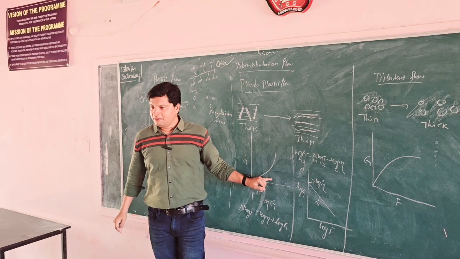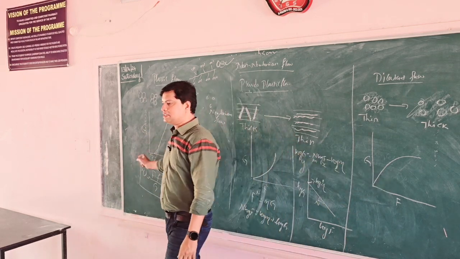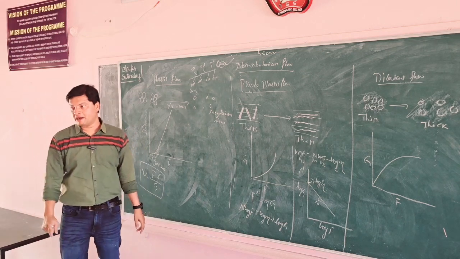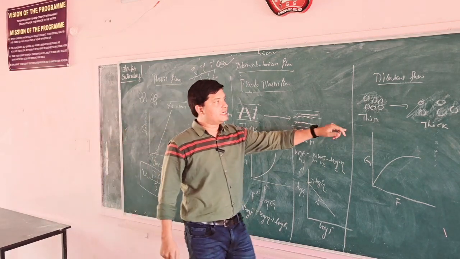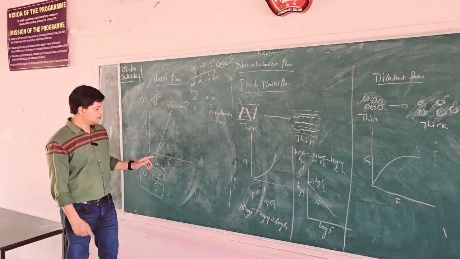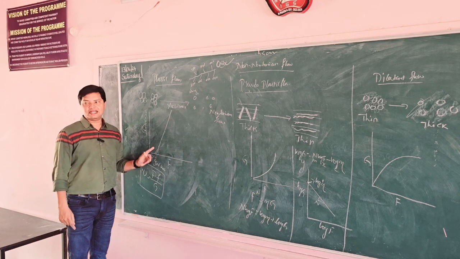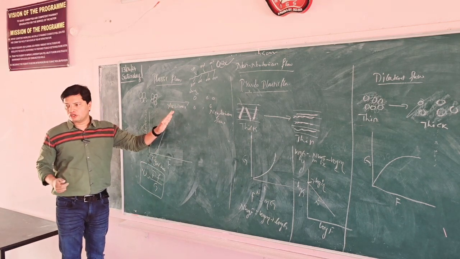So here the example is sauce, here the example is custard powder, here the example is flocculated. Remember, flocculated plastic flow, deflocculated dilatant flow. See the graphs. Here this curved line indicates breaking of particles. After breaking, there will be Newtonian flow.